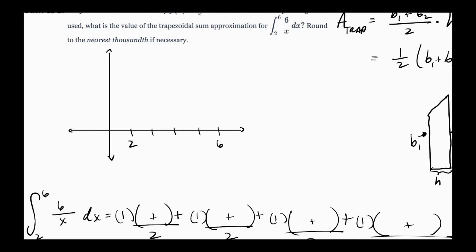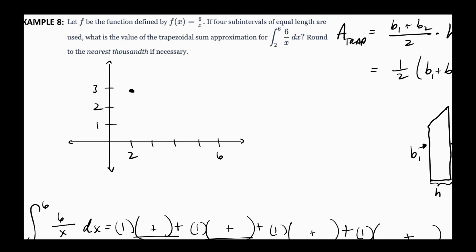Exactly. What do you get? You get something nice and round. 3. Yeah. So let's graph that. 2, 3. When I plug in 3, I get something nice and round. What do I get when I plug in 3 to the graph? 2.